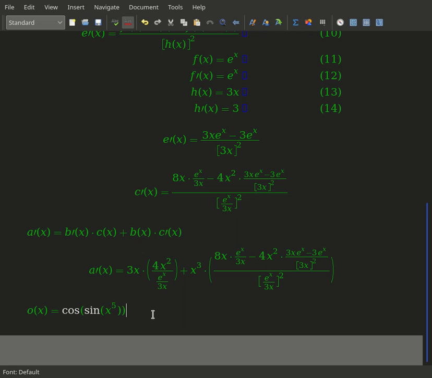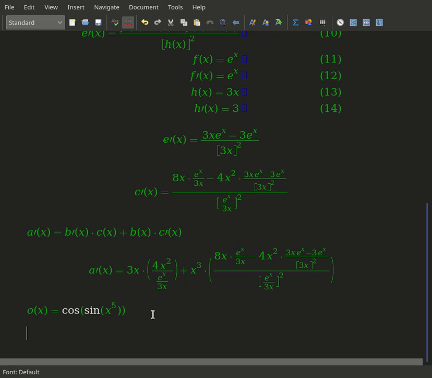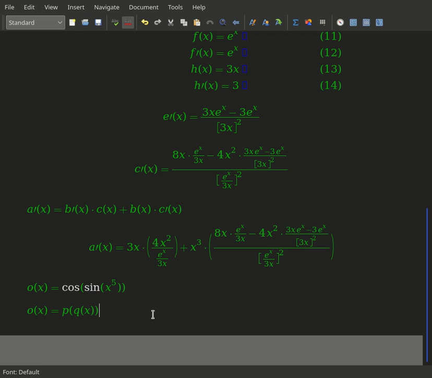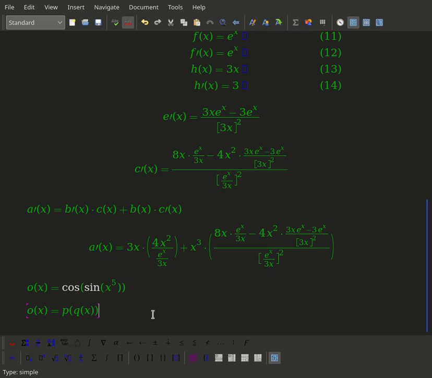To take this one apart, it's not nearly as hard. It kind of jumps out right away as a chain rule. So we've got basically O of X is equal to P of Q of X type of deal, where P is your cosine and Q is your sine, and X is the X to the fifth, but we're not going to worry about that yet.